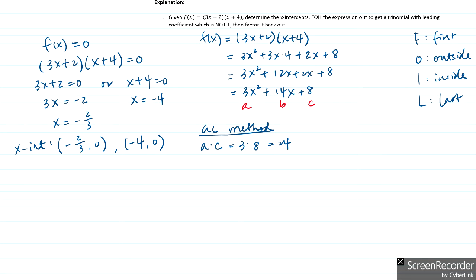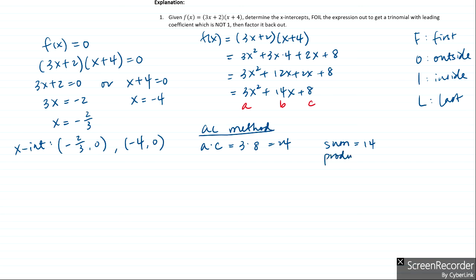Now, slightly different from the case when the leading coefficient is equal to 1, our goal is to find two numbers that multiply out to be the product of a times c and add up to be b. So we want two numbers that sum up to be still b, which is similar to what we did when the leading coefficient was equal to 1.